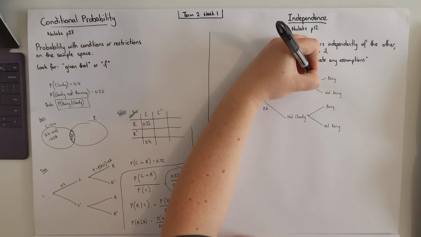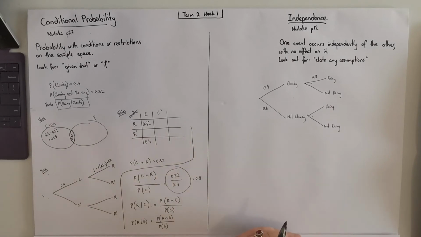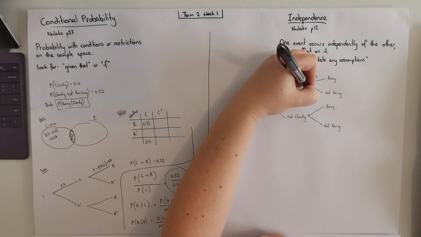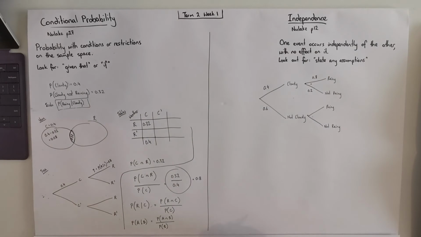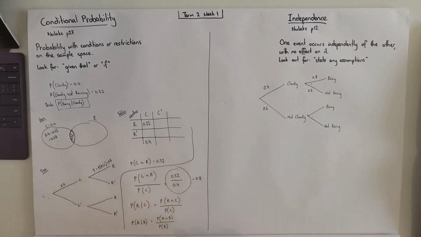We also established that this was 0.8 here, the probability of it raining, given that it was cloudy, which must mean that the probability of it being not rainy, given that it's still that cloudy day, is 0.2. The question is what to do with this lower part here, looking at raining or not raining, given that it was not cloudy.